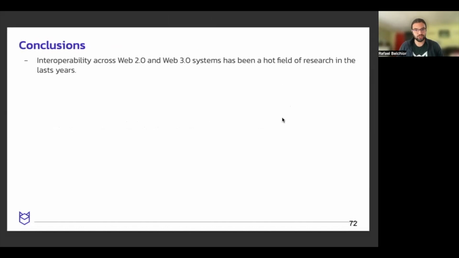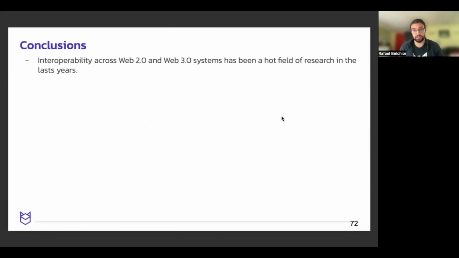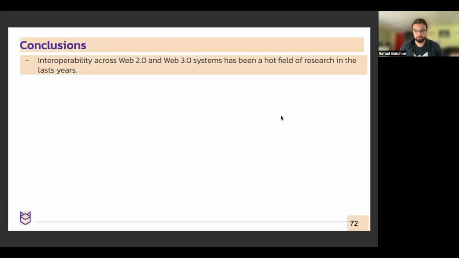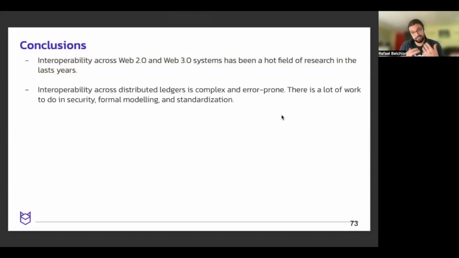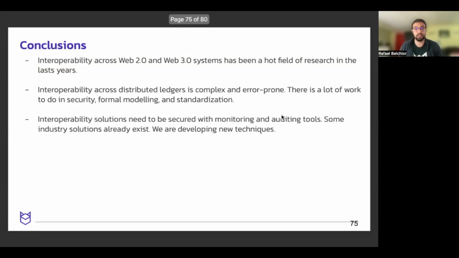So finally, let's conclude. Interoperability has been studied in the last years. It's a complex and error-prone area, and this is shown by the number of attacks and the amount of complex research that has been emerging in the last years. We need to not only proactively secure the bridges, but also reactively, meaning that we need monitoring and auditing tools, and we need to mitigate attacks when they happen, and they will inevitably happen.